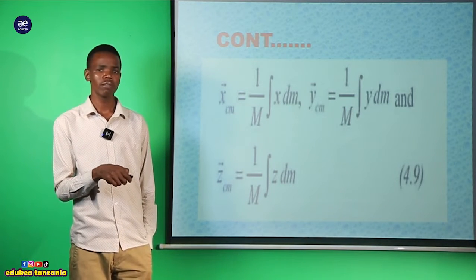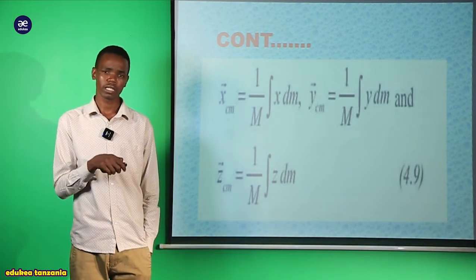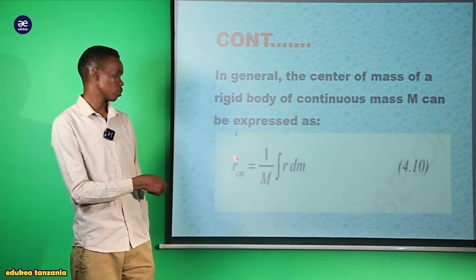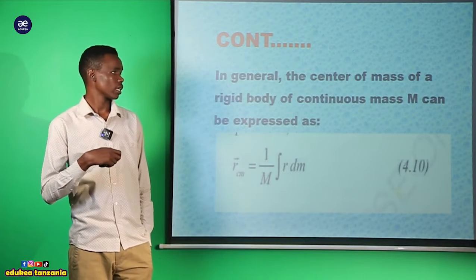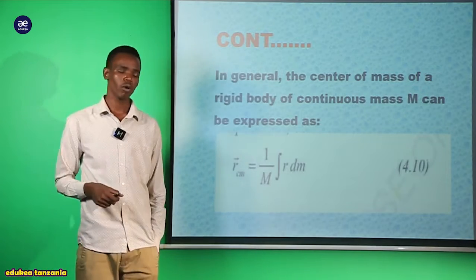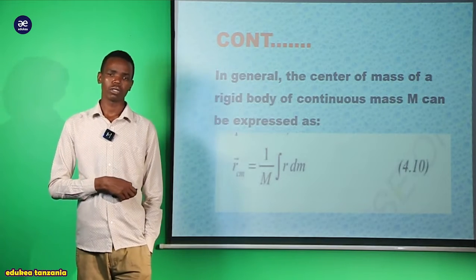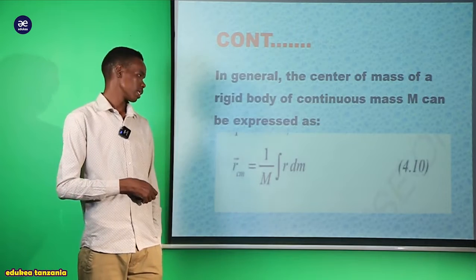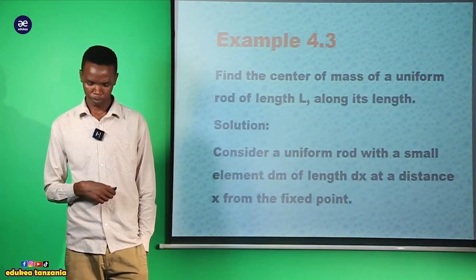But this x plus y plus z under the integration is equal to r. So we substitute r, and in the end we get our equation: the general formula of the center of mass for the rigid body of the continuous or not discrete must be equal to 1 over m integral of r dm. But this m here expresses the individual masses.